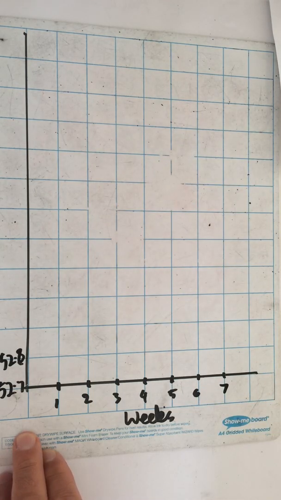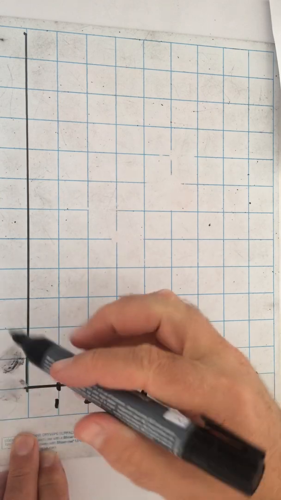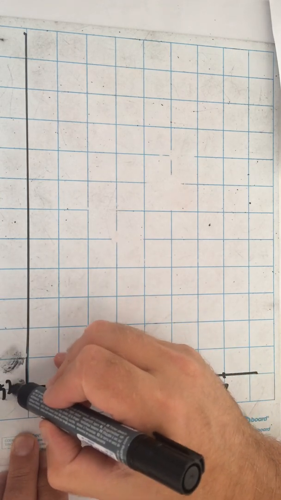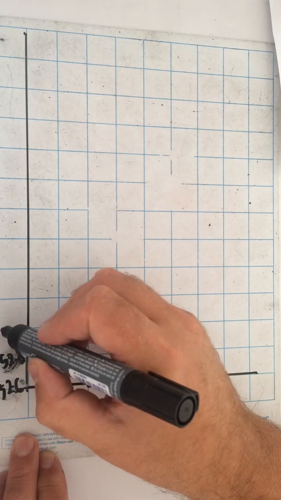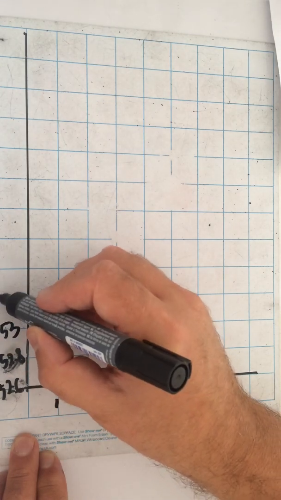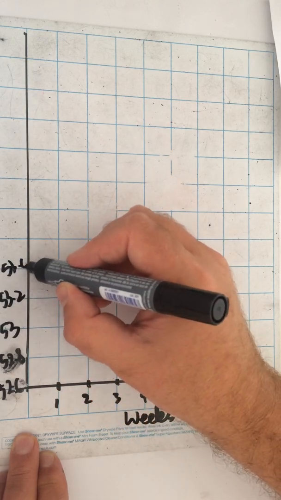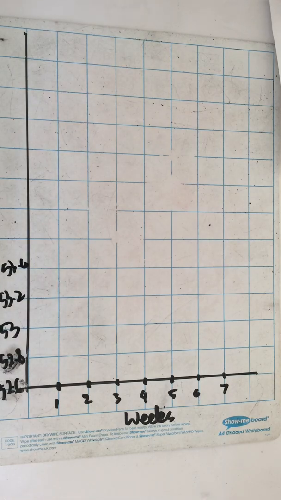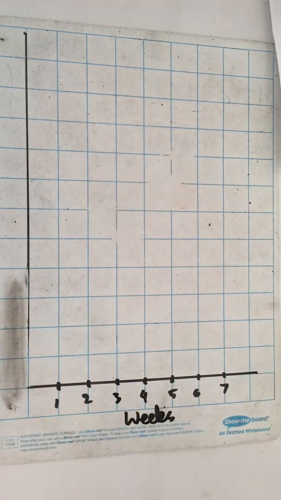Think about how you're going to go up in the graph. In fact, you're going to have to go a bit more than that. I would go 52.6 and maybe 52.8, 53, 53.2, and that might not be enough. So you might need bigger gaps than that. So have a go. It's quite tricky, the drawing of the graph, but it should be a good challenge. It's a really good challenge to have a go at that anyway.